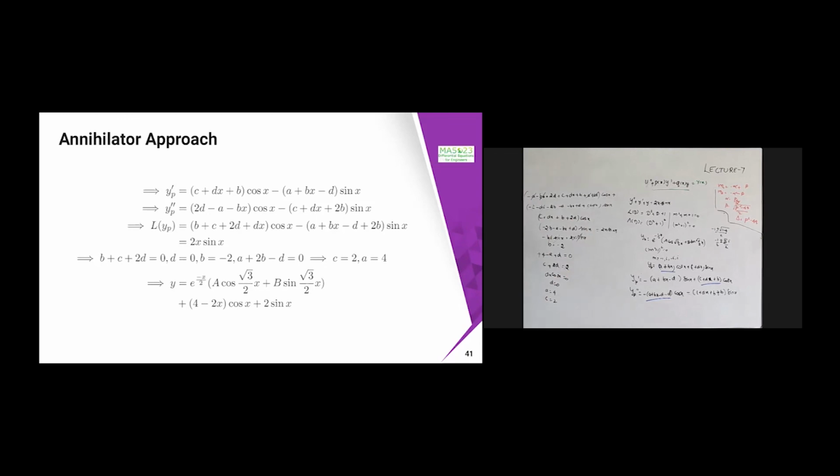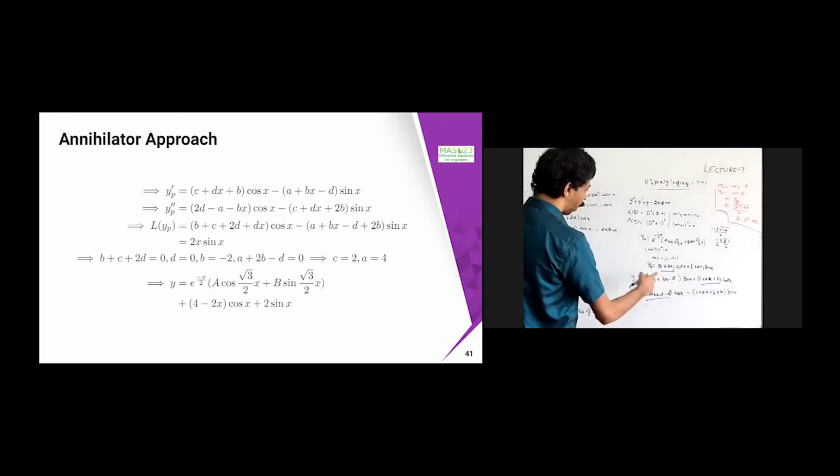So therefore my y is going to be whatever I have here: e power minus half x into (a cos root 3 by 2 into x plus b sin root 3 by 2 into x), plus I have to substitute over here.